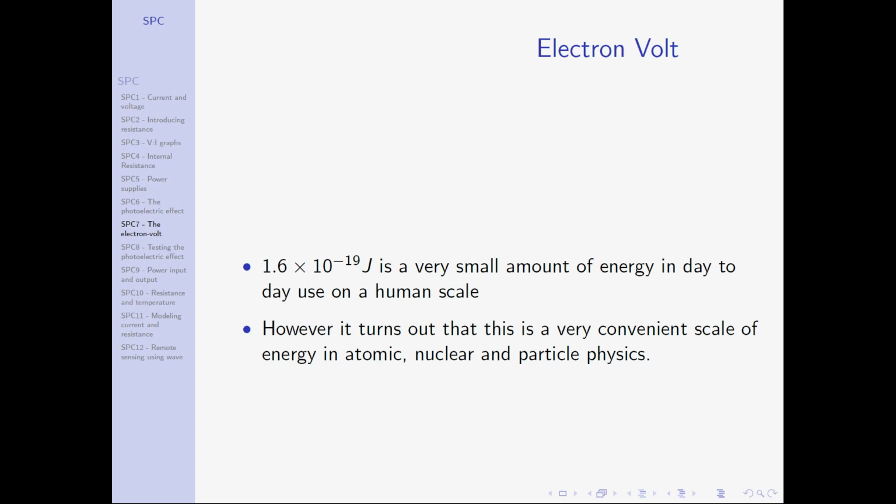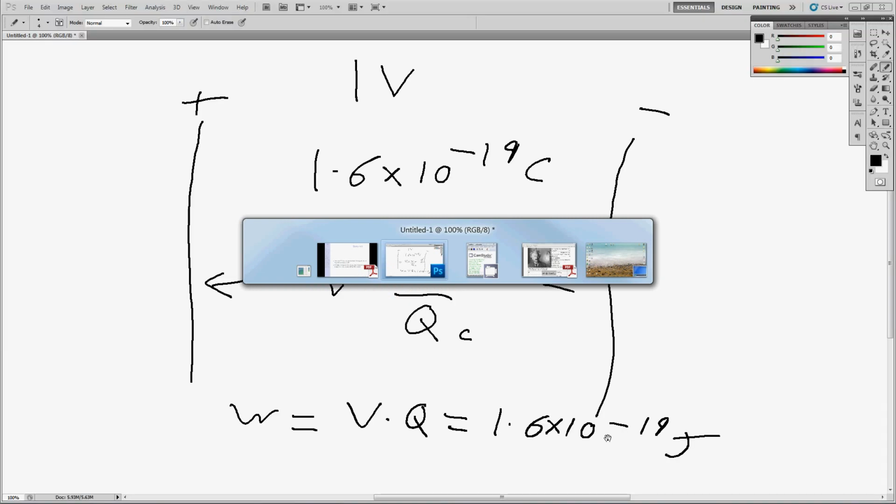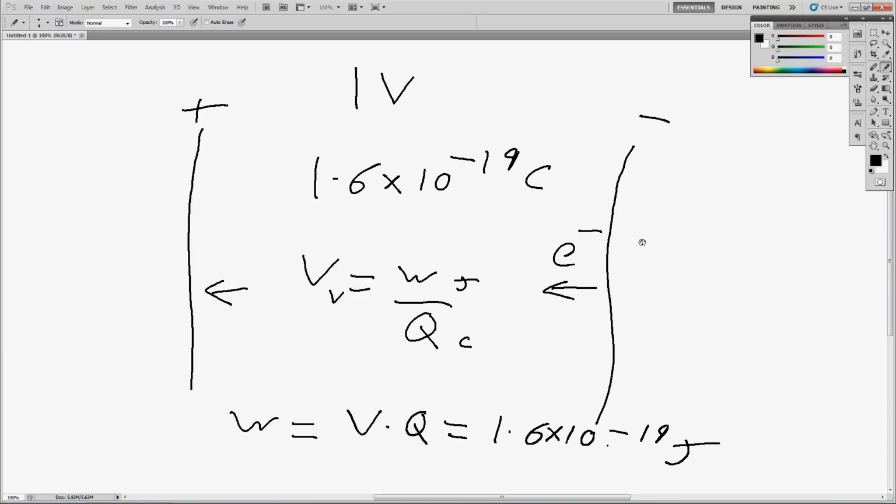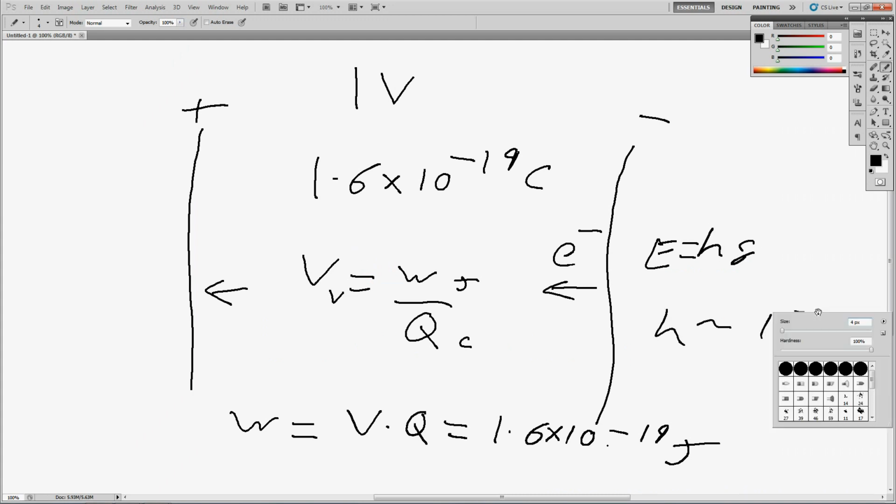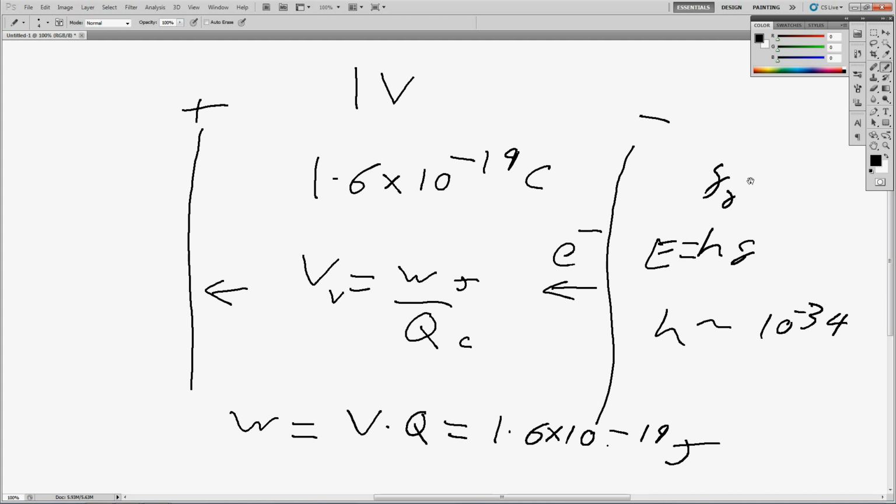Well, let's think about the energy in photons, for example. Using Planck's equation, E equals hf, we know that h is in the region of 10 to the minus 34, and so is itself very small. What this means is if we work out the energy of even a gamma ray, the frequency of gamma rays is still something like 10 to the 19 hertz.